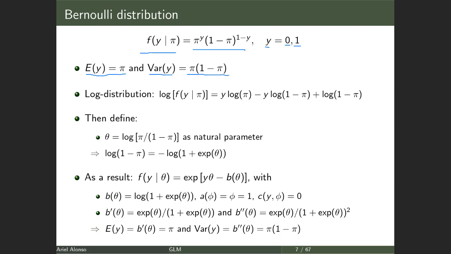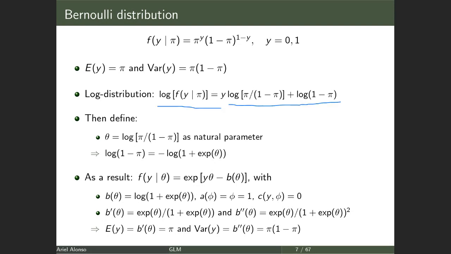Now, if you calculate the logarithm of the Bernoulli distribution, what do you get? You get this expression over here. Now, let me show you that this belongs to the exponential family. Well, for that, first notice that if you apply some basic properties of logarithms, you get this. And if you apply another basic property of logarithms, you get this. And this is it. Compare this expression with the one we saw over here.